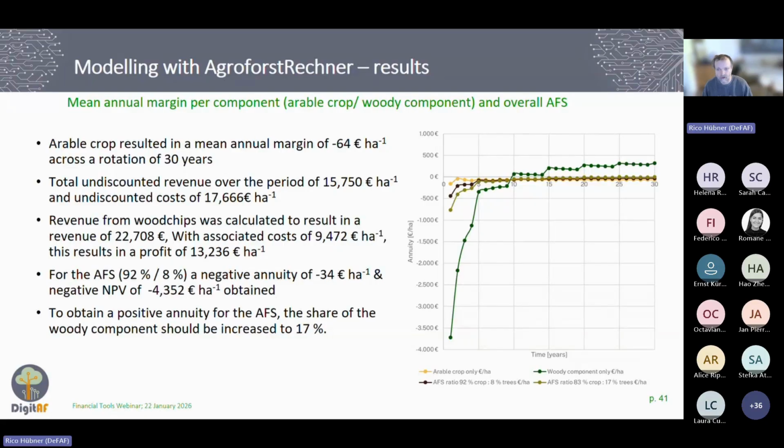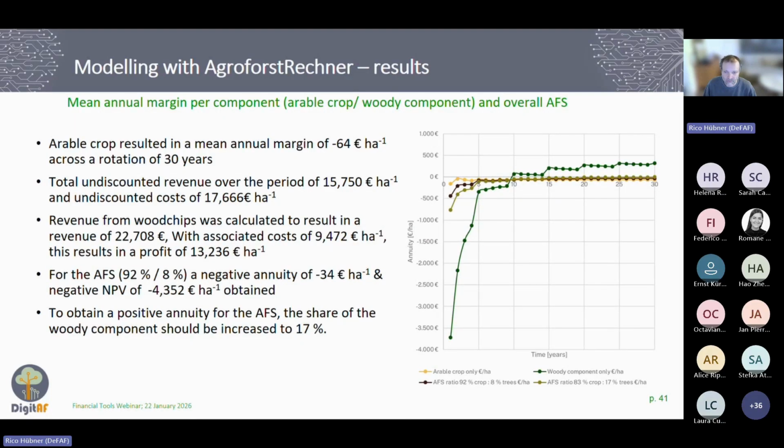and the total net present value would be a loss of 4,000 euros. Now, the crucial question, of course, is, okay, how much would I need to increase the woody component in order to be plus minus 0, to break even? And this can be done really nicely with the tool, because you can very easily change the ratio between the woody crop and the arable crop.